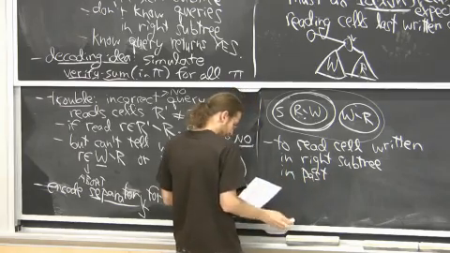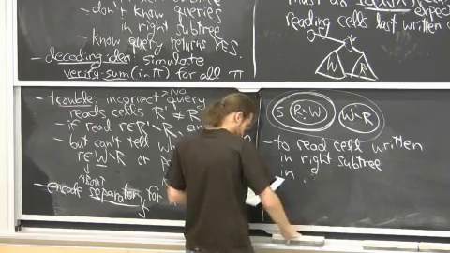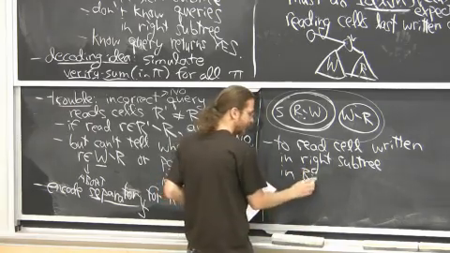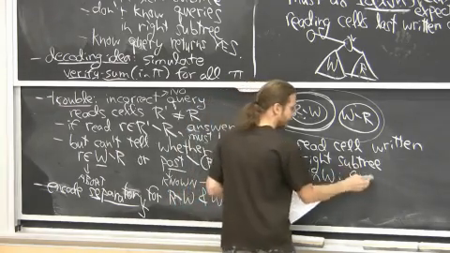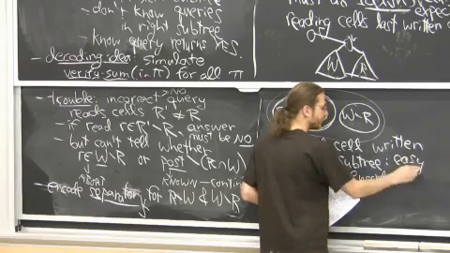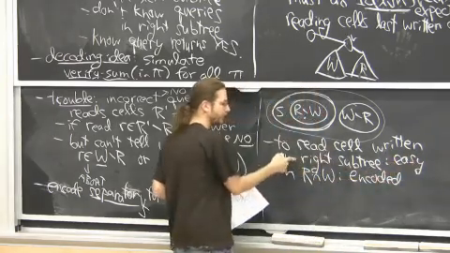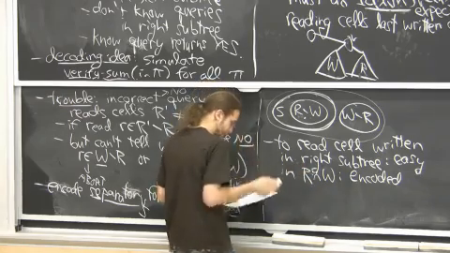I don't want to write in the past because the whole point is to figure out what's in the past. The other easy case is if it's in R intersect W, then it's written down for us. So this is encoded. This is easy because during the simulation we did those writes, and so we know what they were. R intersect W we've written down, so it's easy to know.